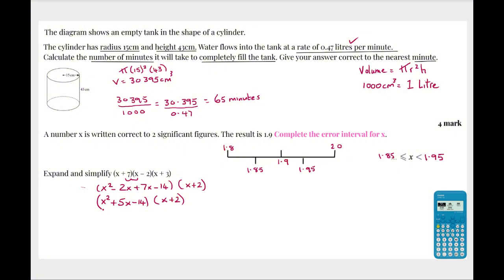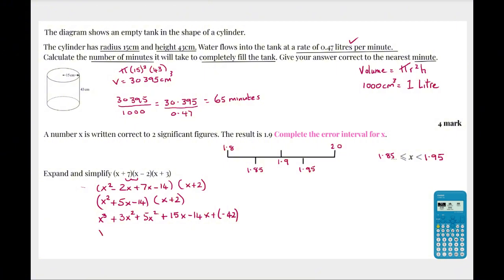So now we're going to do our normal method, whichever you choose to do. As you know, I use the FOIL method. So now I've got x cubed plus 3x squared plus 5x squared plus 15x minus 14x plus minus 42.